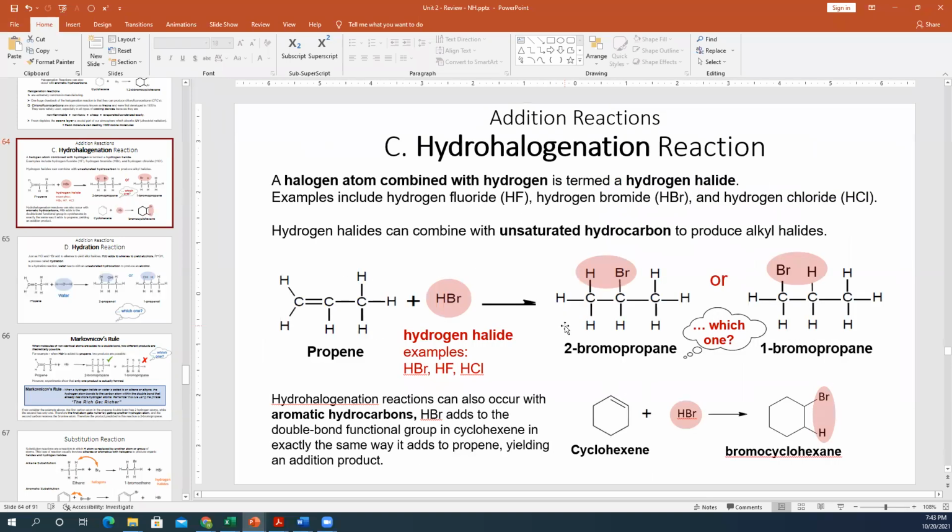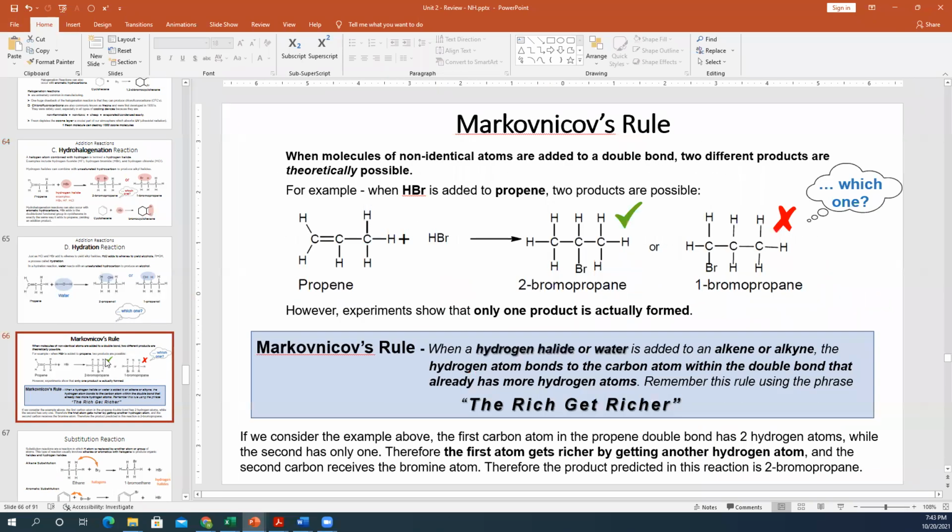Hydrohalogenation reactions, or even when you have the addition of water. So anytime you're adding something where the two sides aren't the same, where two different atoms are being added to the double bond, you follow Markovnikov's rule to decide which carbon gets what.